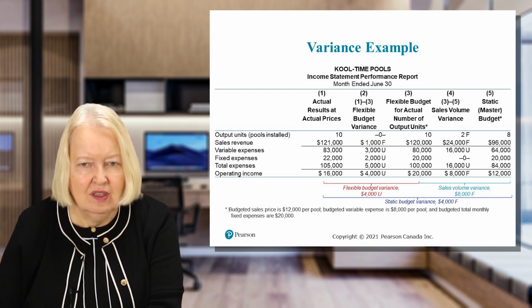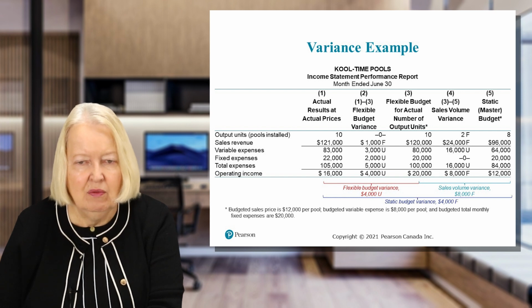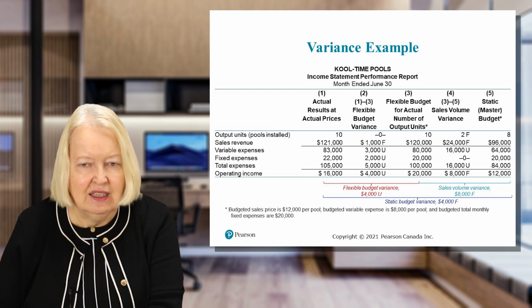That's your actual results. The third column, the flexible budget, is identifying if I had set my budget for 10 units being sold, what would I have budgeted? What would I have expected in revenue and what would I have expected in expenses for selling 10 units versus the 8 that they had predicted?